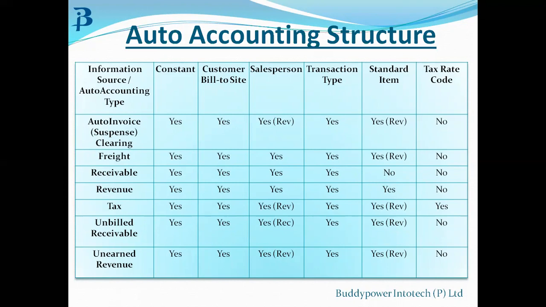Receivables also automatically generates valid accounting flex fields for your freight, auto invoice clearing, revenue, tax, unbilled receivable, and unearned revenue accounts. So this basically controls how your accounting flex fields are created and defined. The default accounting that auto accounting creates is considered interim, meaning temporary, for a short period only.